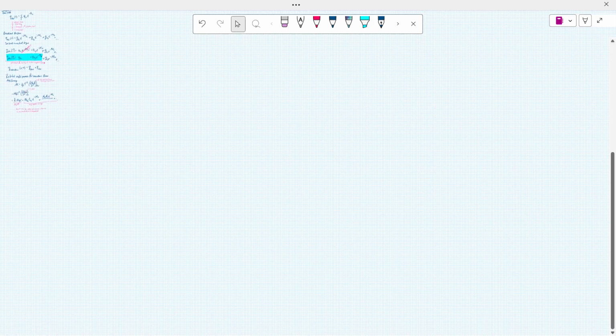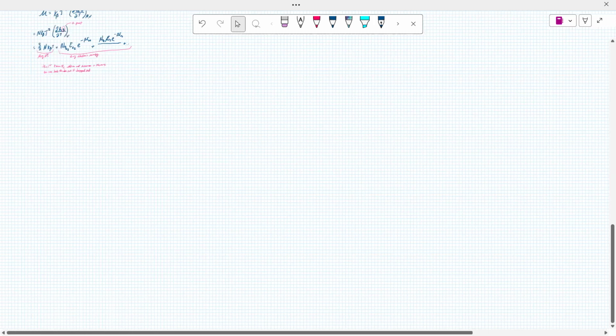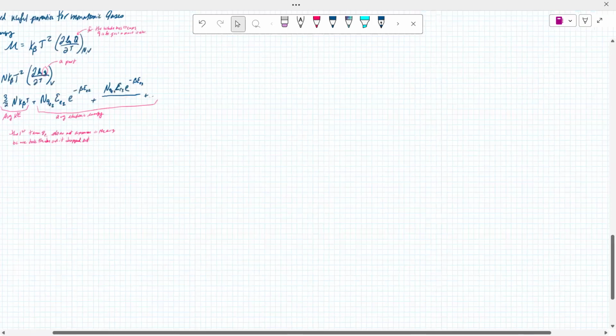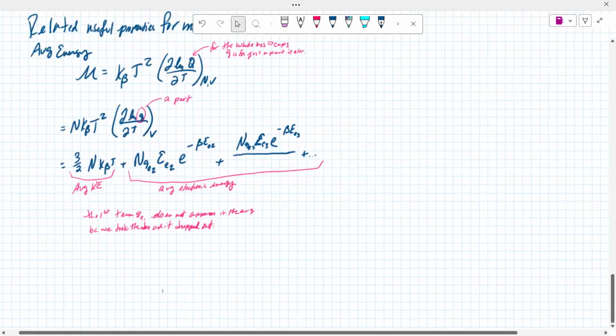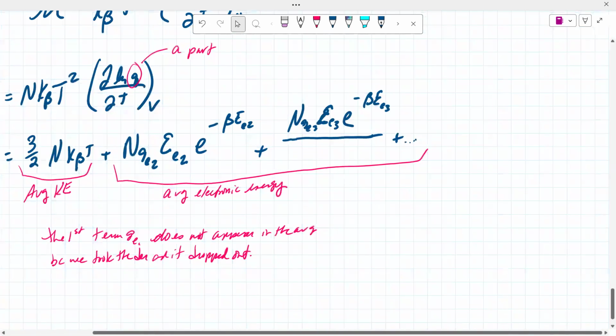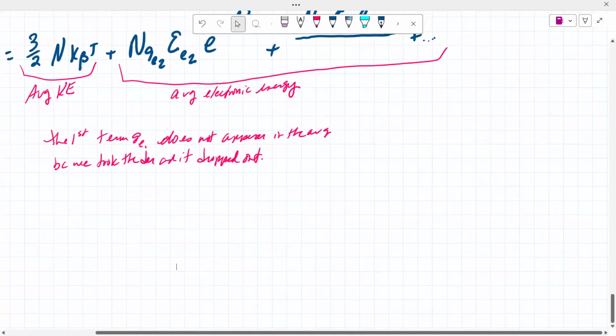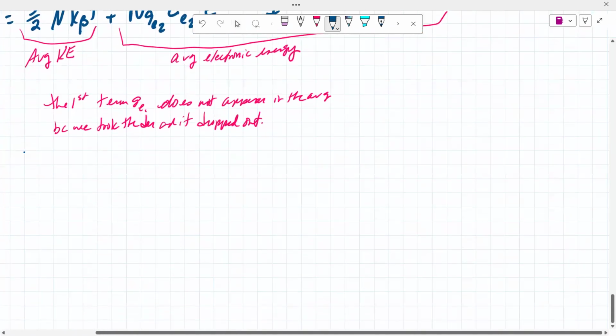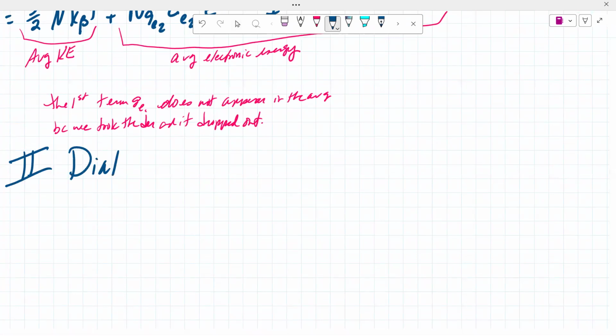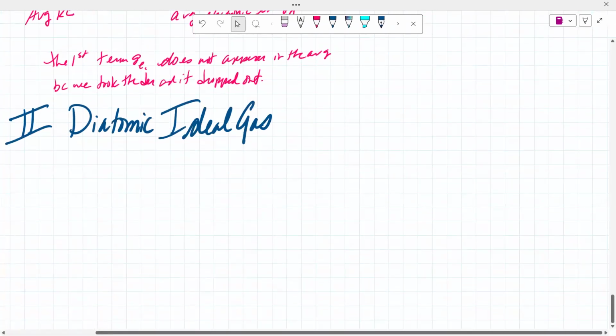Now, we can repeat this for a diatomic gas, and you guessed it, extrapolate for more stuff in the gases. Diatomic ideal gas. So what does it look like?